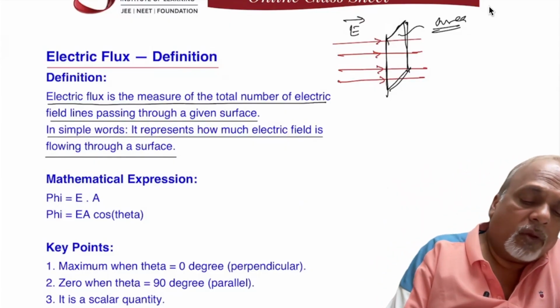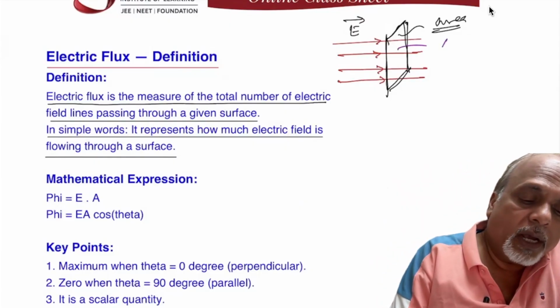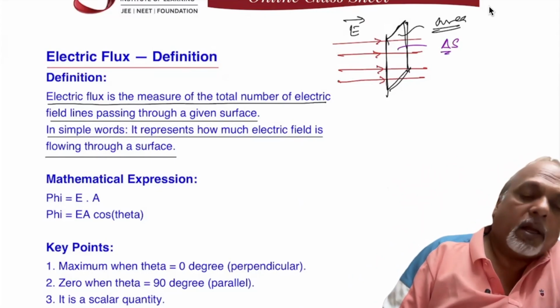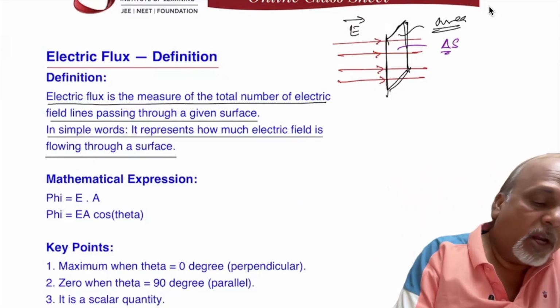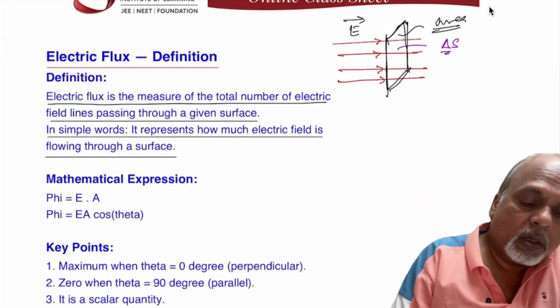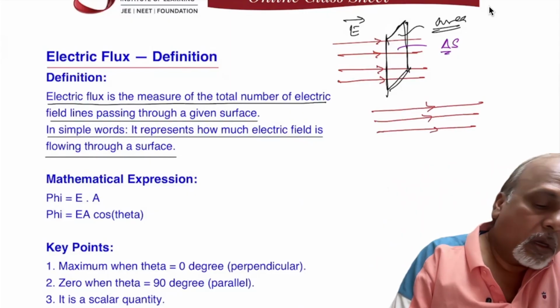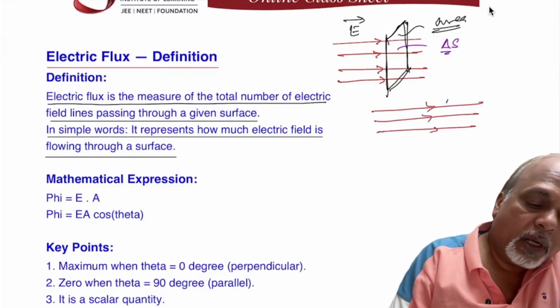So suppose this area is your delta S. Correct? So, one thing is your area is completely perpendicular to this.